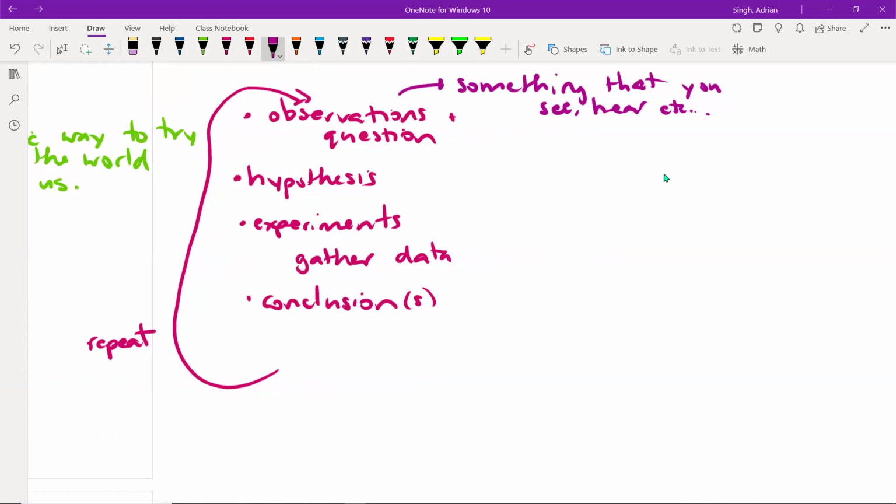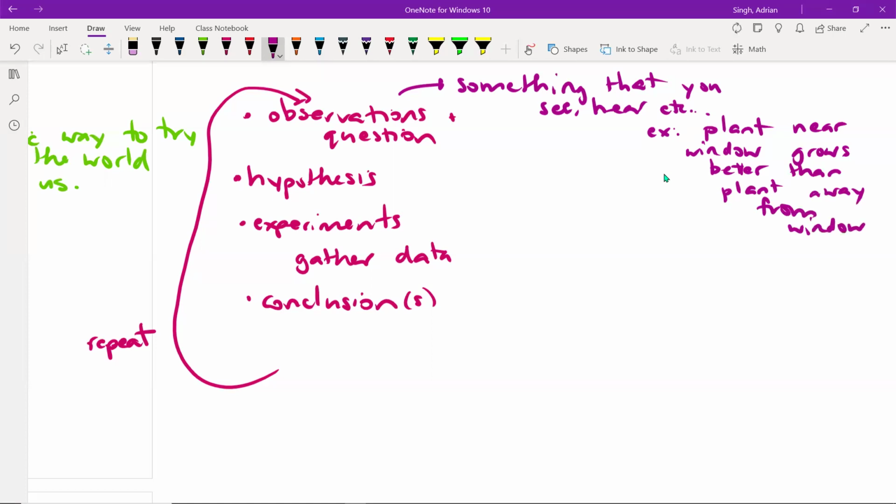So for example, you observe that, let's say in your house, you have a plant near the window that grows better. So it's a healthier plant, for example, than the same plant that's in the inside of the house or away from the window.